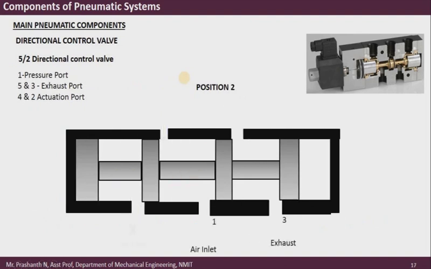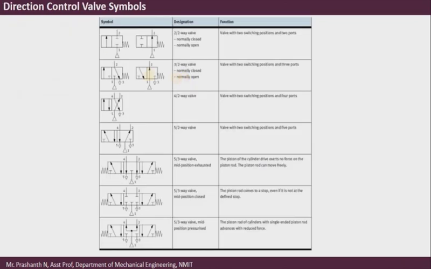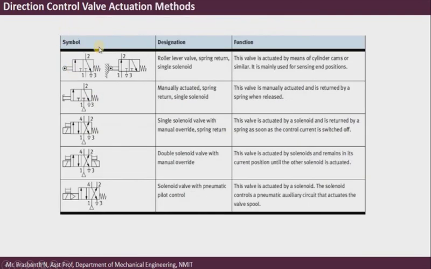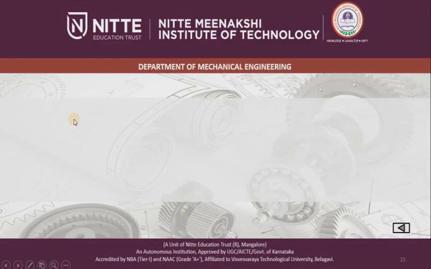Finally, we ended up with various symbols of direction control valves and functions, and also we looked into the valve actuation methods for the direction control valves. So this was part 1 of the video lecture series on the pneumatic systems.